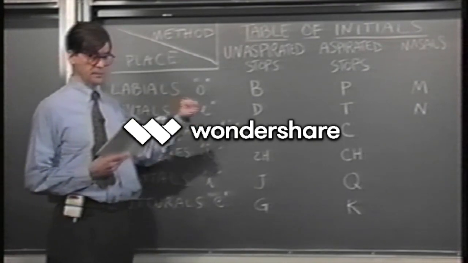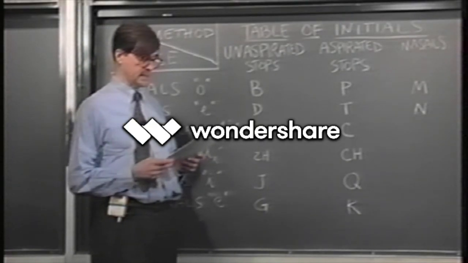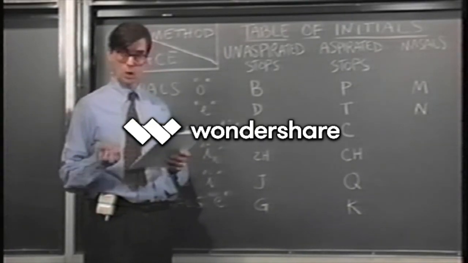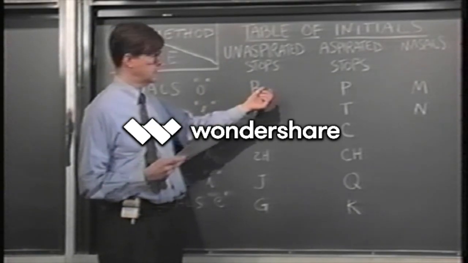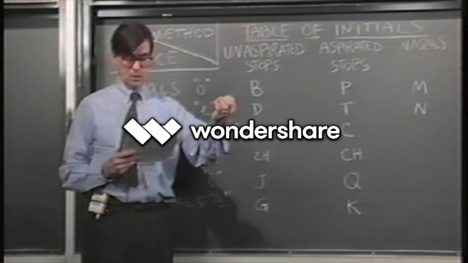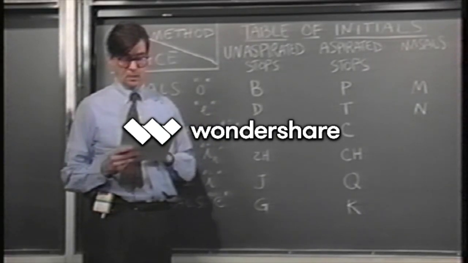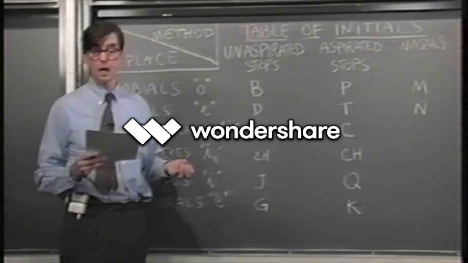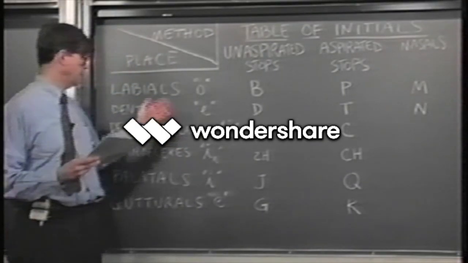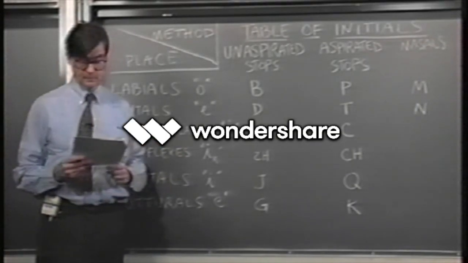These 2 columns contain initials which are called stops. A stop is called a stop because during the pronunciation of these consonants, there is a moment when the breath passage is completely closed. This blockage of the breath may occur by the action of the lips, the tongue, or the throat, depending on the place where the sound is articulated.